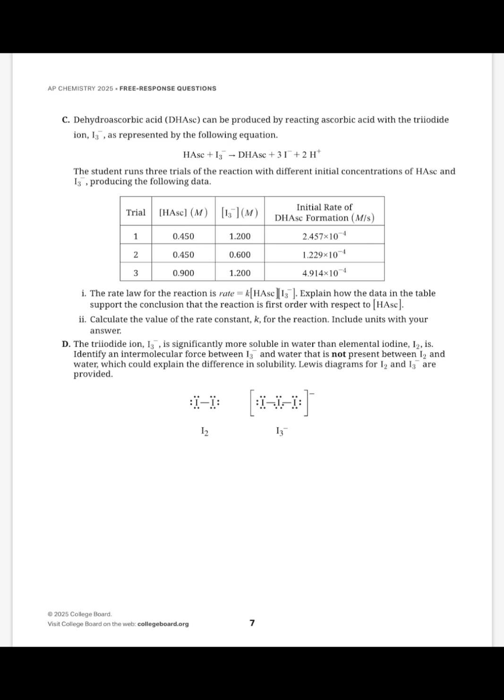For C double I, it asks us to calculate the value of k for the reaction and to include units with the answer. So we can just rearrange our rate law that's given to solve for k. So k is equal to our rate. We can pick any of the trials here; I'm just going to pick trial 1.